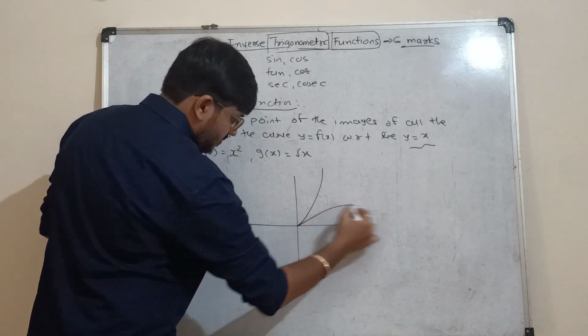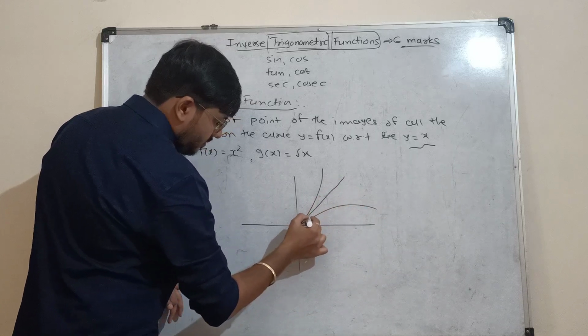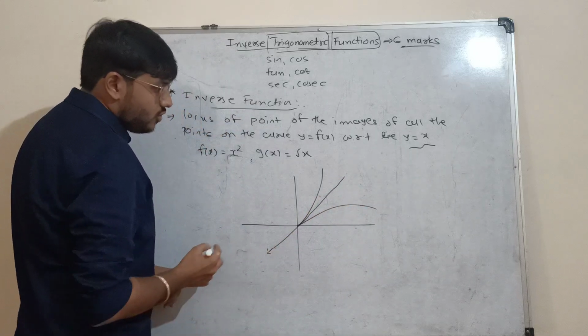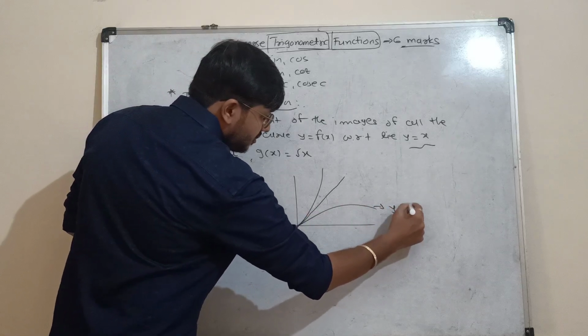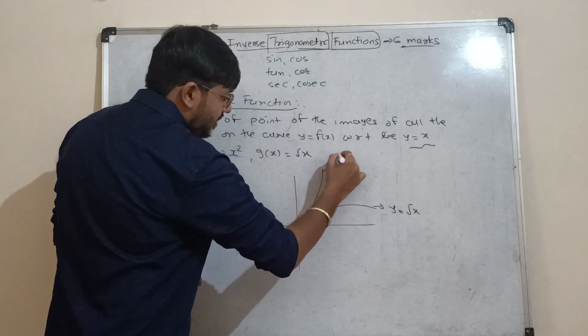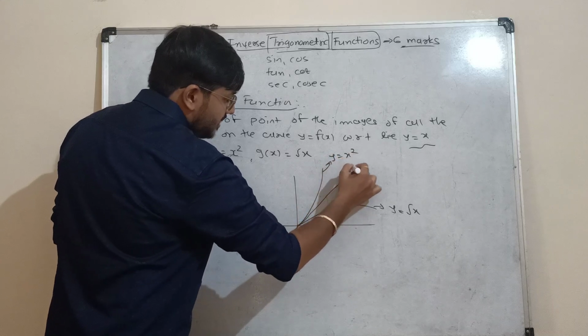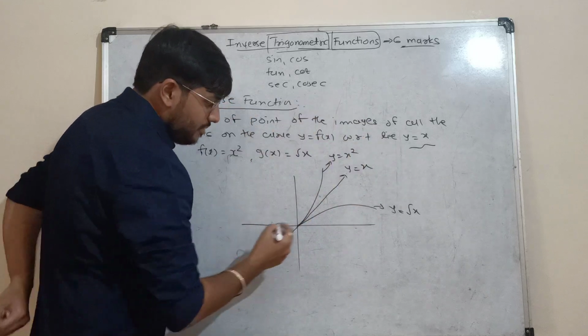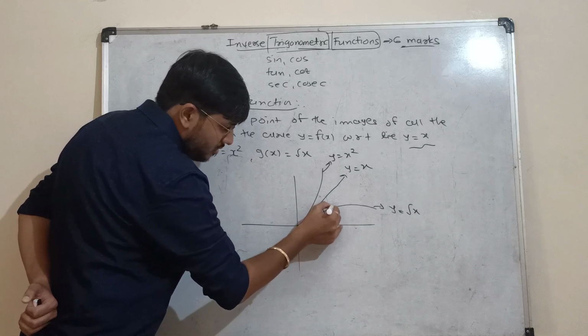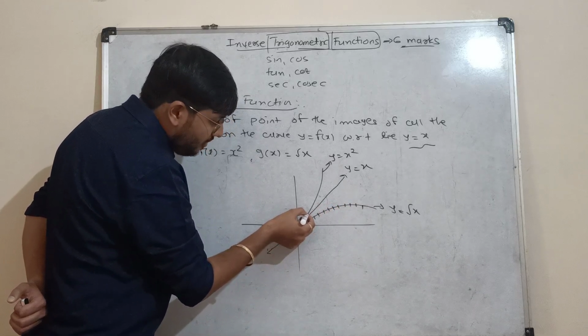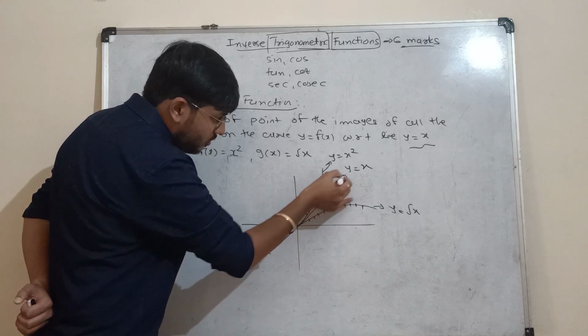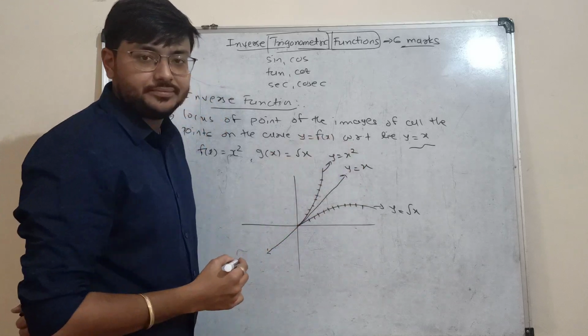right? So whatever points we get on this graph, this is the graph of y equals root x, and this is the graph of y equals x square, and this is the line y equals x. So whatever points we'll get on this curve, all those points have an image on this curve with respect to the line y equals x, right?